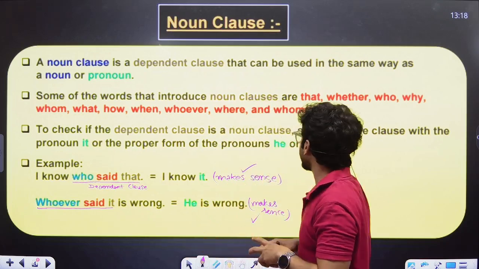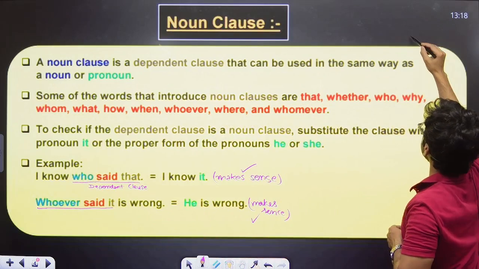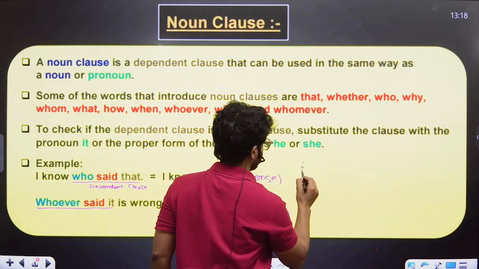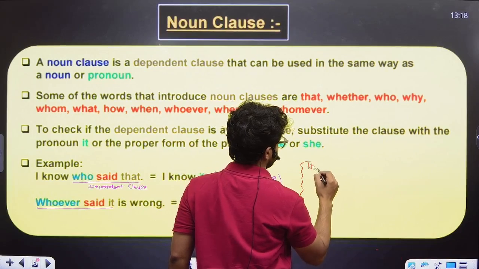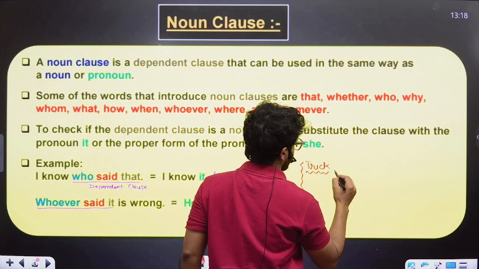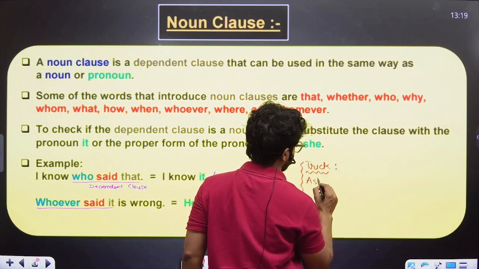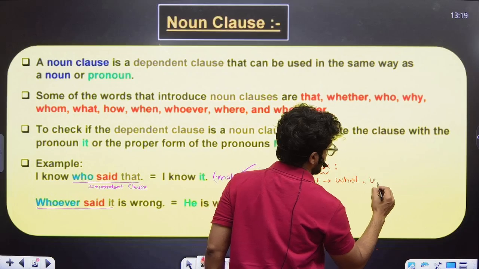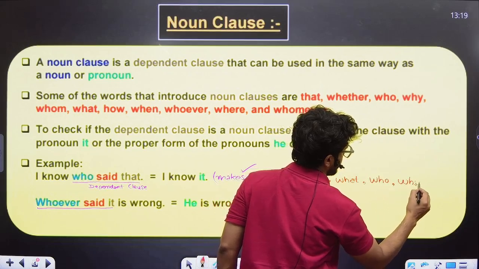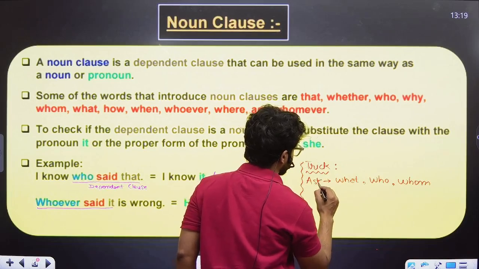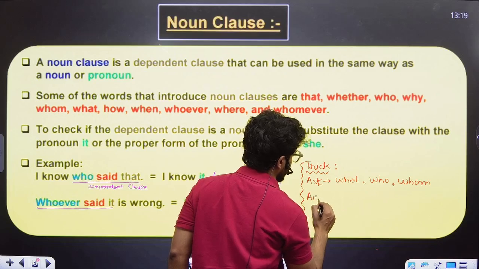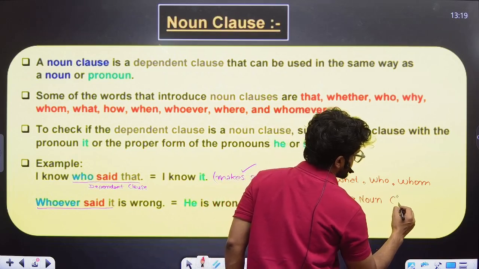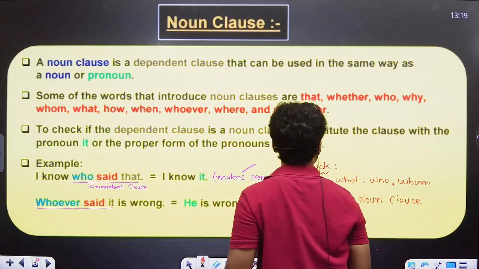So when you ask the question with the WH parts, ask what, who, whom, like those. Okay. And if you get the answer, then it will be your noun clause. Got it?